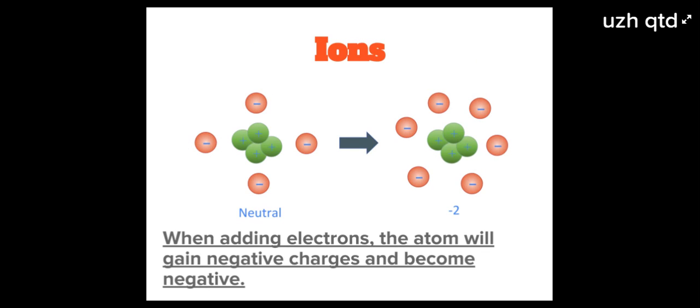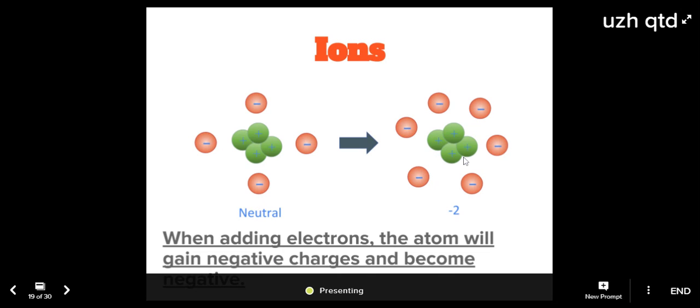These are ions. When you add electrons, the atom will gain a negative charge and become negative. In this instance, we had a neutral atom of beryllium with 4 electrons and 4 protons. We added 2 more electrons, and now this whole atom is negatively charged by 2, and it has become an ion.